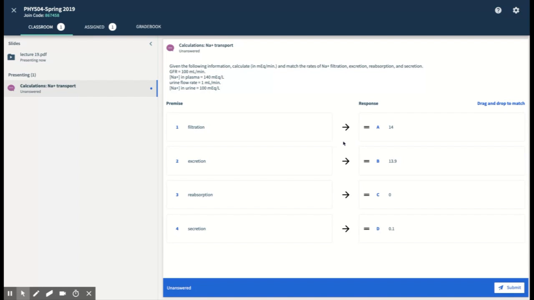So you're calculating these values based on, I can't make it show both of them at the same time. GFR is 100 mils per minute.